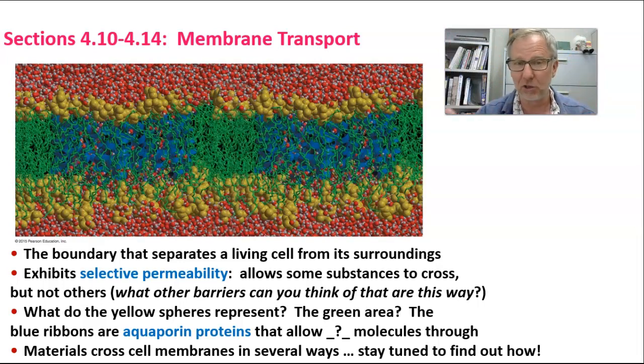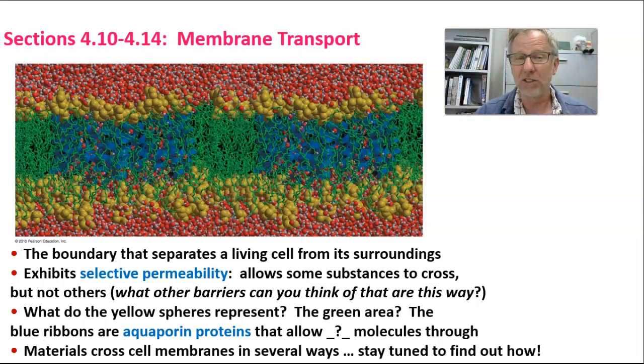So what are the little red and grayish things outside the membrane on each side? Those are the water molecules. If you look really carefully at this figure, you can see that this computer-generated model is showing these water molecules moving through the aquaporins, those blue ribbons, to get across the membrane.